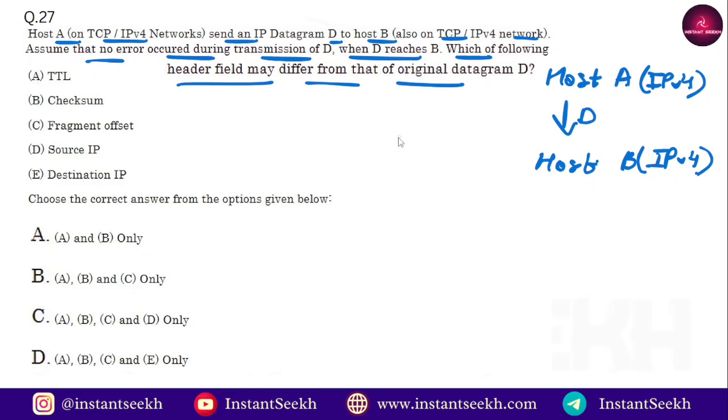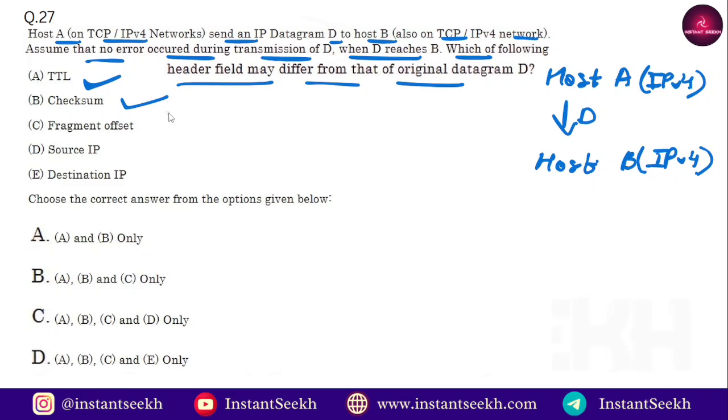First, let's check the fields given. TTL, time to live. Yes, the time to live field is changed, because it is decremented by each router the datagram passes. Next, checksum: the IP header checksum will change as the packet travels the network. Next is fragment offset.